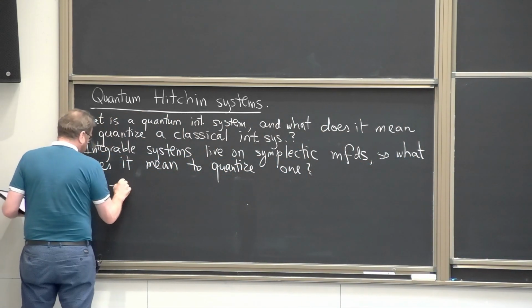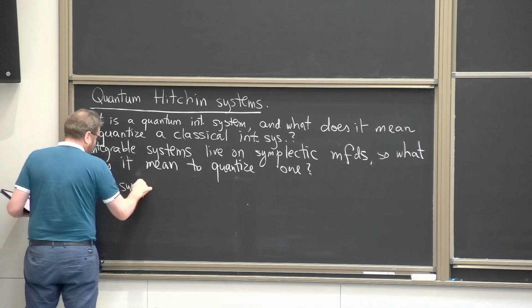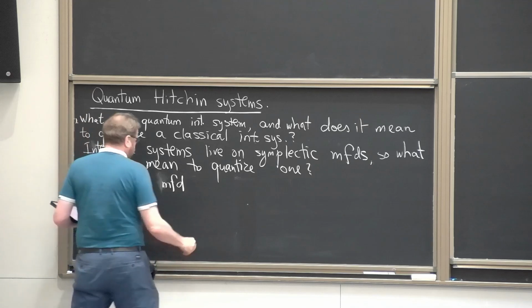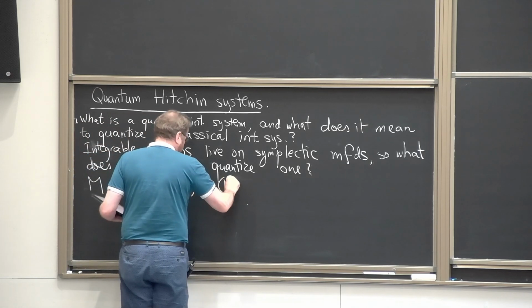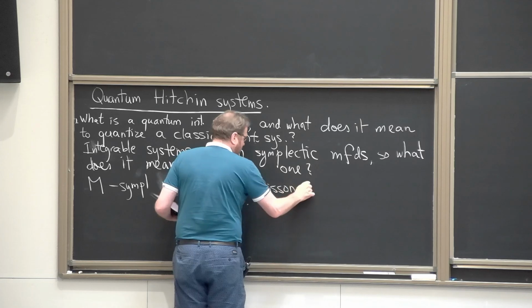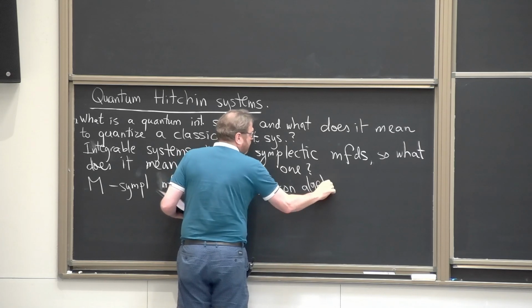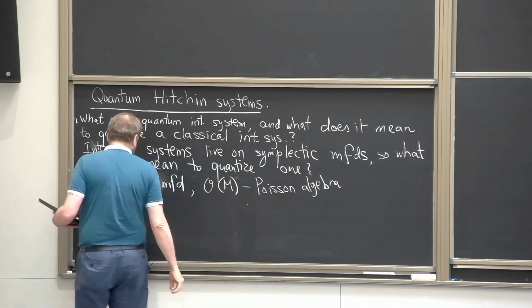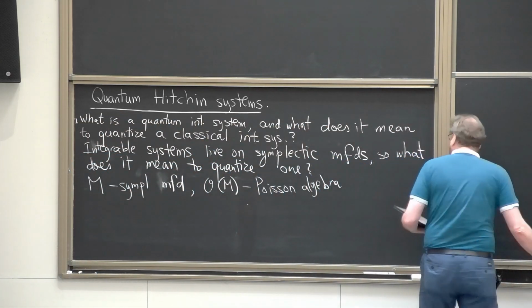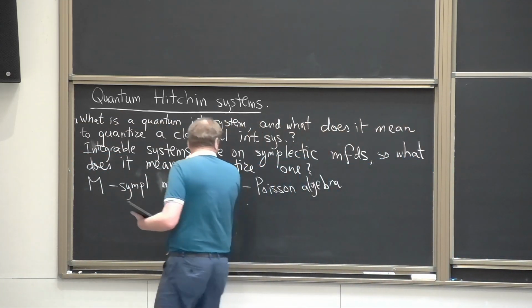So suppose M is a symplectic manifold. In this case, functions on M form a Poisson algebra. In the case when this is an algebraic variety or a complex manifold which is not affine or Stein, you may have to consider sheaves of algebras.